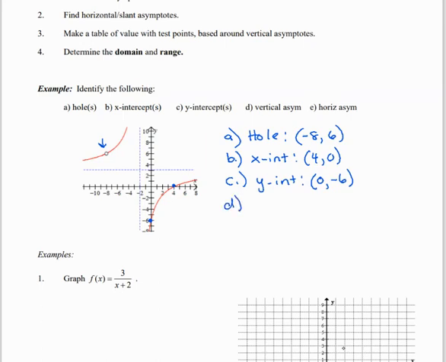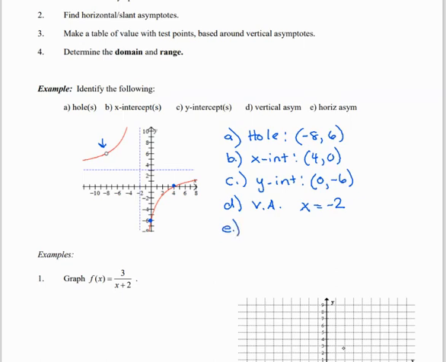Part D, our vertical asymptote. Vertical is up and down, right? So x equals -2 is my vertical asymptote. Please make sure you're writing that as an equation. Don't just say -2.